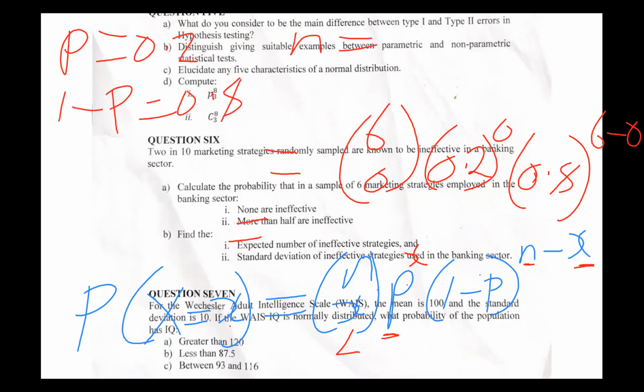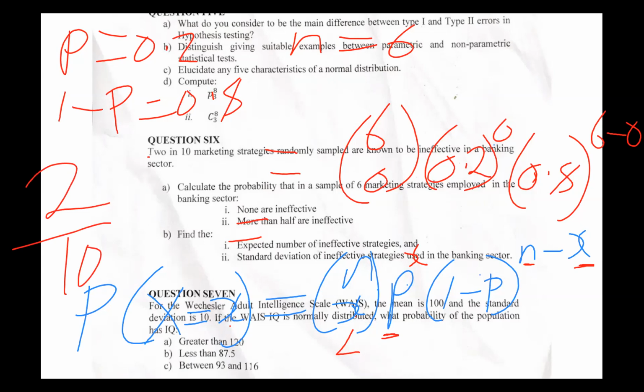Where is the 0.2 coming from? 0.2 is given as the probability of success in each independent trial, right? It is given that 2 in 10 marketing strategies randomly sampled are known to be ineffective in the banking sector. So every time you make a trial, you have a probability of 2 out of 10.